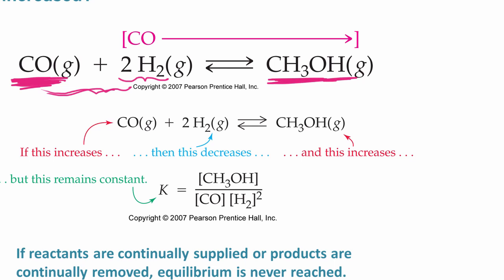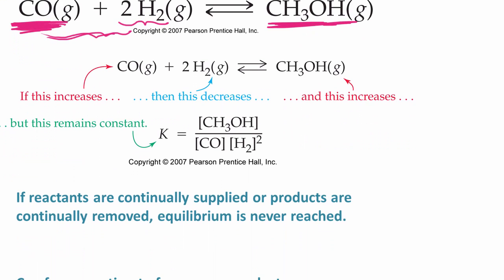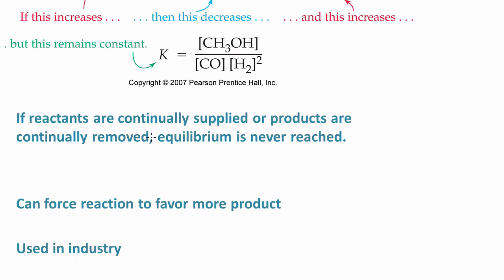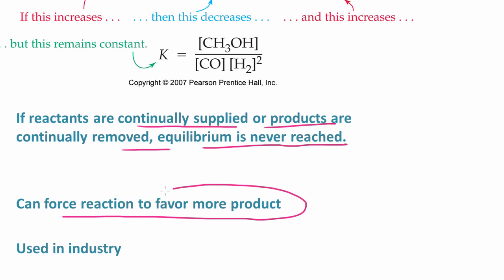So that's a trick that's used in industry all the time. And that's what I say here. If reactants are continuously supplied or products are continuously removed, equilibrium is never reached. So that means we can force the reaction to favor more product, right? Which would be in your best interest if you owned a plant that makes ammonia.